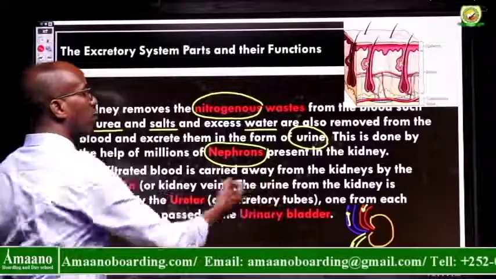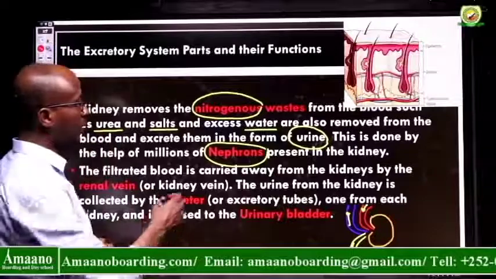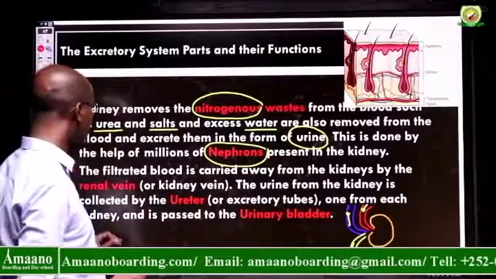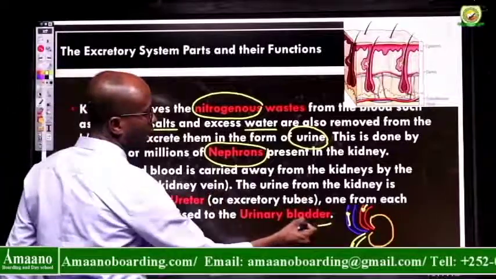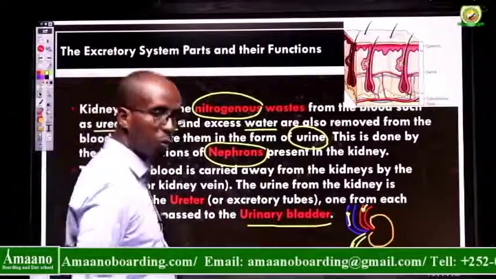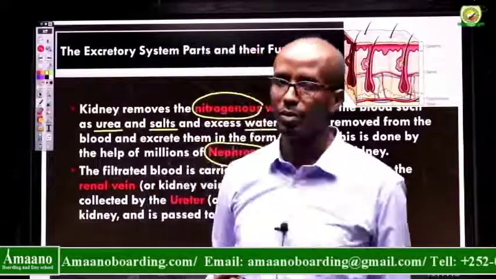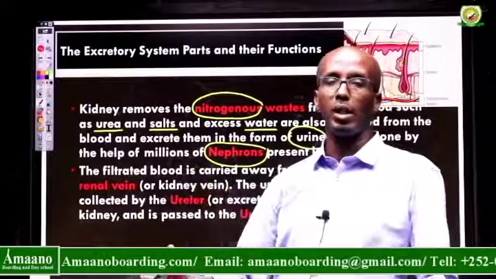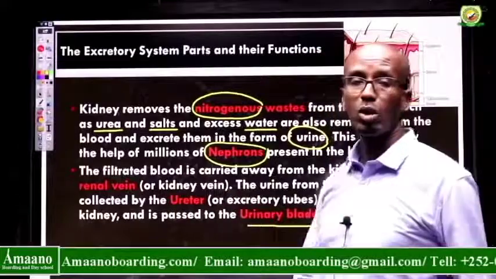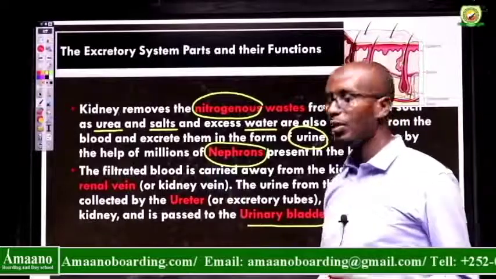The urine from each kidney is collected by the ureter and passed into the urinary bladder. Have you ever asked how long your urinary bladder can store urine? How many hours can the human urinary bladder store urine?